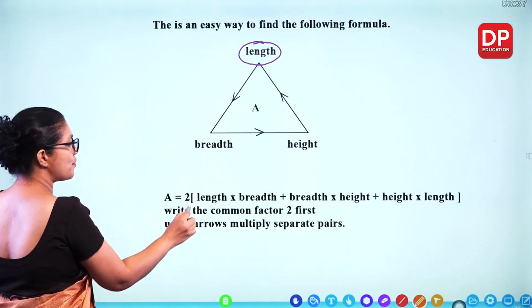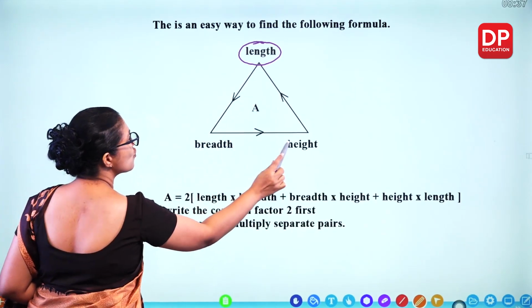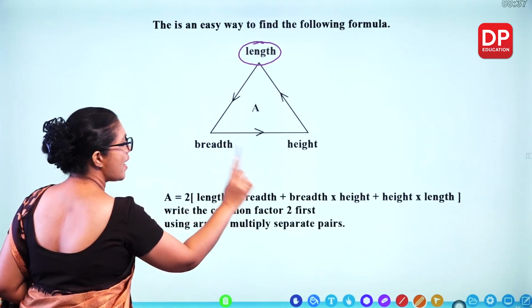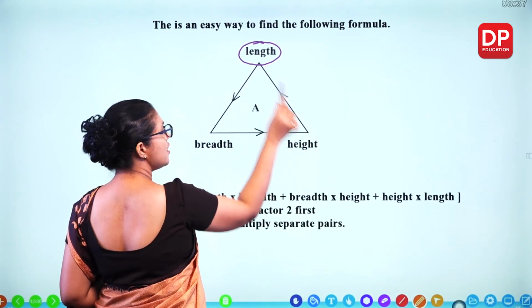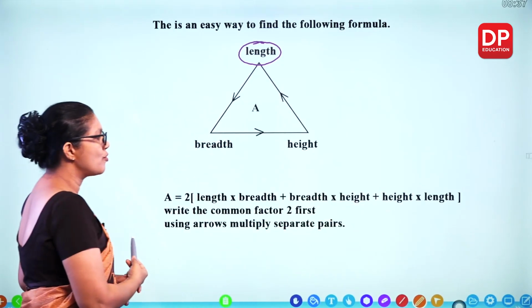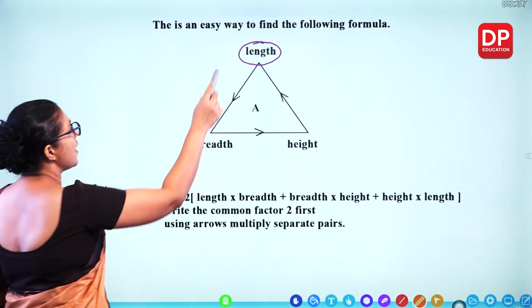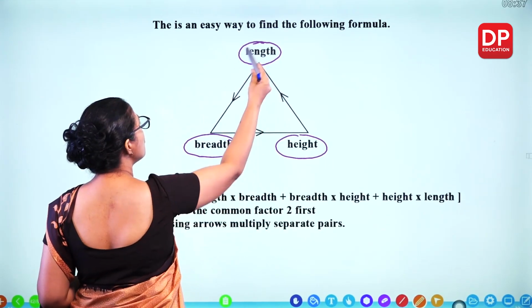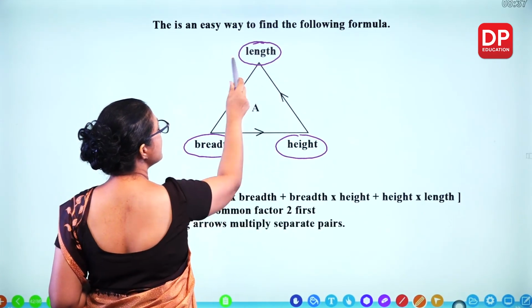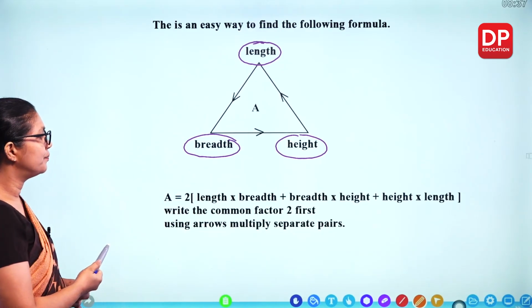So 2 you put before, length into breadth. Then these two, breadth into height, and these two, height into length. So you can easily memorize this. Write down these 3, then multiply these two, and these two, add them, and finally multiply by 2.